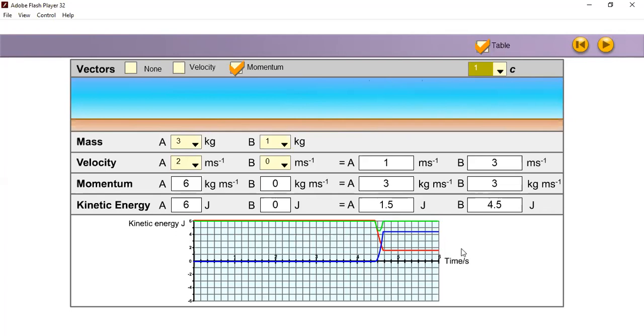Okay, so this means that this should be like, let me check for a while. Yeah, this theory. If equal to 1 is the elastic collision.